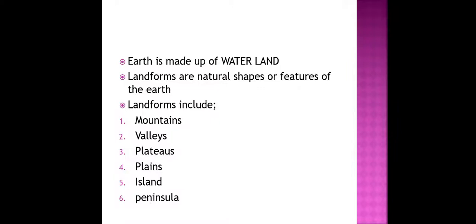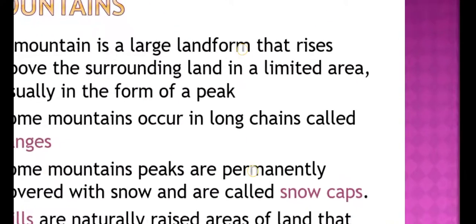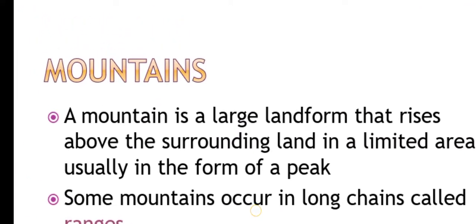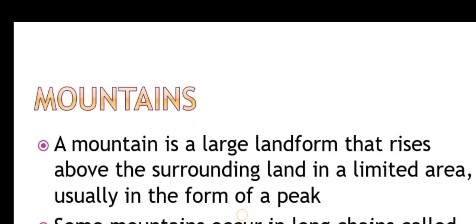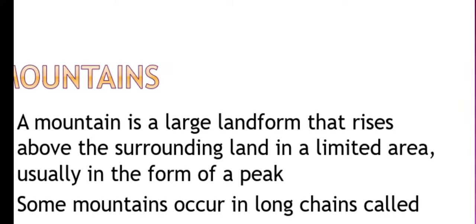So moving towards the first major landform on the surface of earth, that is mountains. A mountain is a large landform that rises above the surrounding land in a limited area, usually in the form of a peak. Mountains can be considered as any landmass that is higher and steeper than a hill.